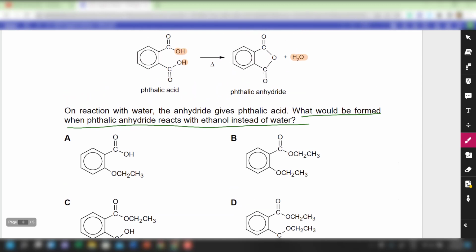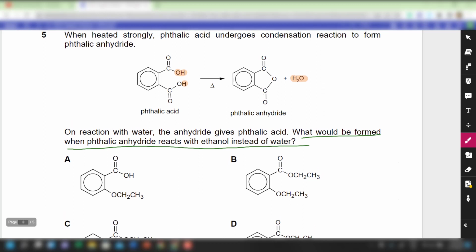The reason is quite straightforward, because let us try to imagine how phthalic anhydride will react with ethanol. When it reacts with ethanol, it is likely that the ring will open up first, and then I'm going to get one of the carbon ends as the ester. I'm going to draw the ester out. Then what about the other end?